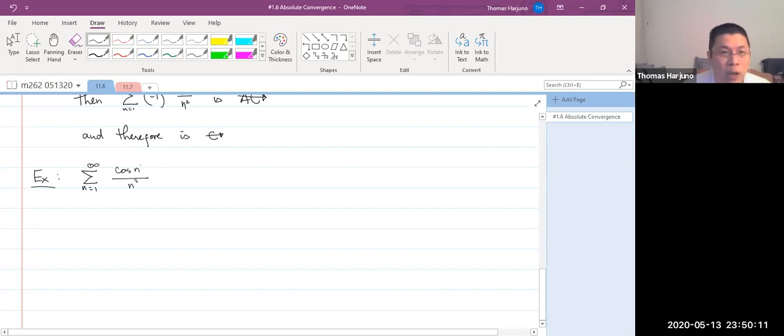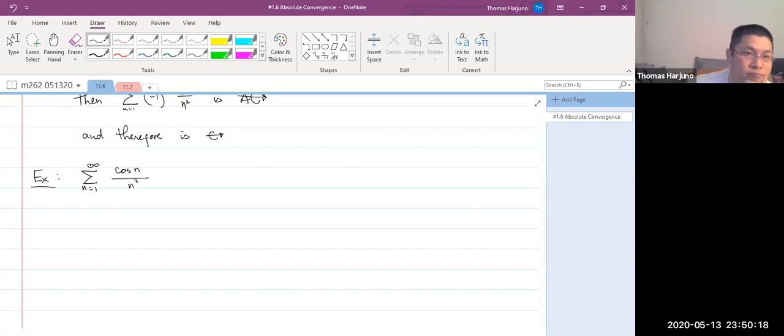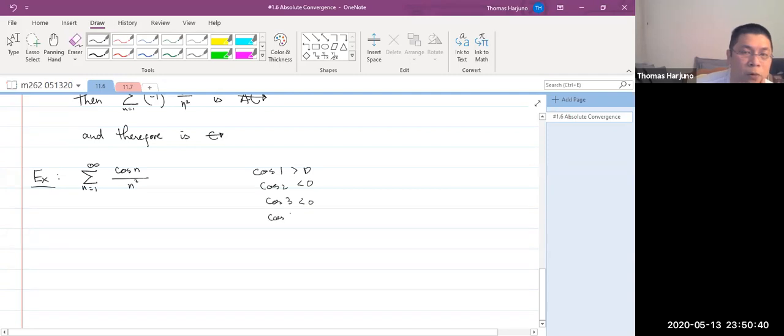Cosine 1 is positive, cosine 2 is negative, cosine 3 is still negative, cosine 4 is still negative.